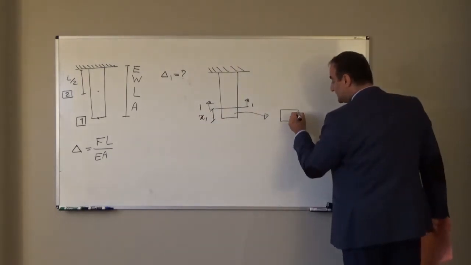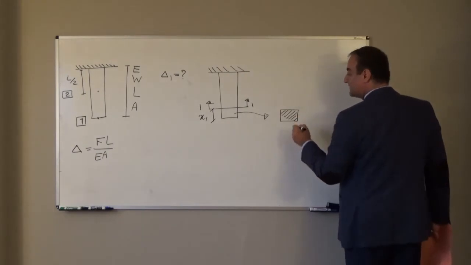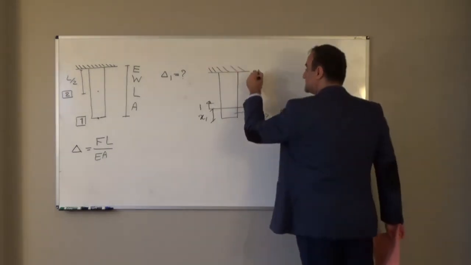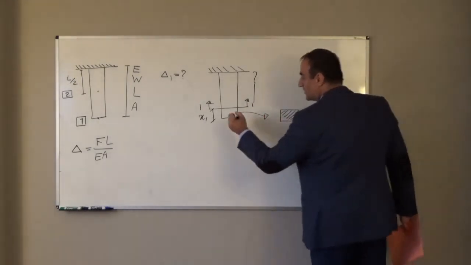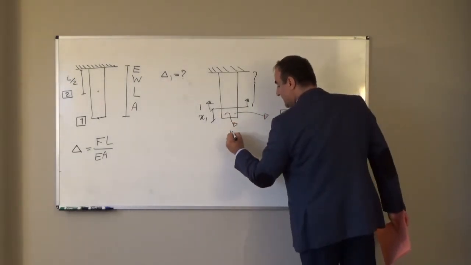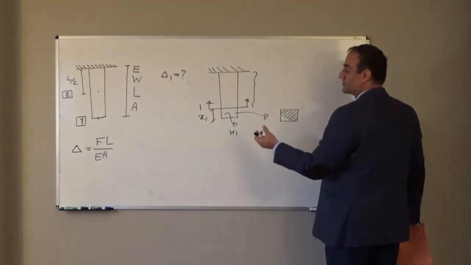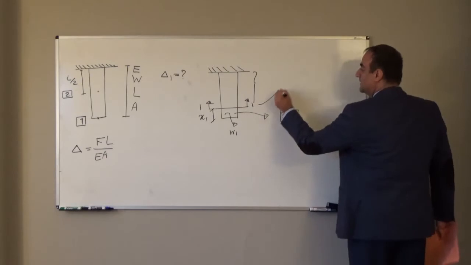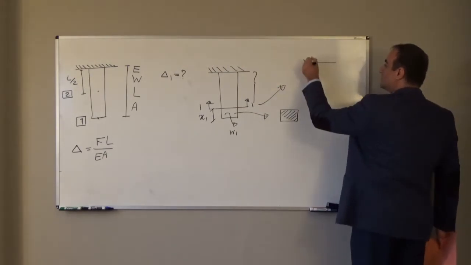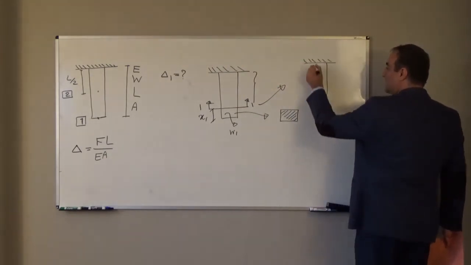So the weight is effective on the top segment. It is the weight of this part. The weight of this part will be like external force for the remaining bar.